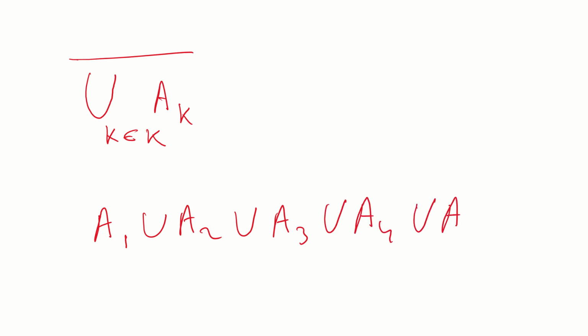If you have some statement like this, k is in a certain set K, A_k, you can think of this as basically doing something like A1 union A2 union A3 union A4 union A5 union A_k.